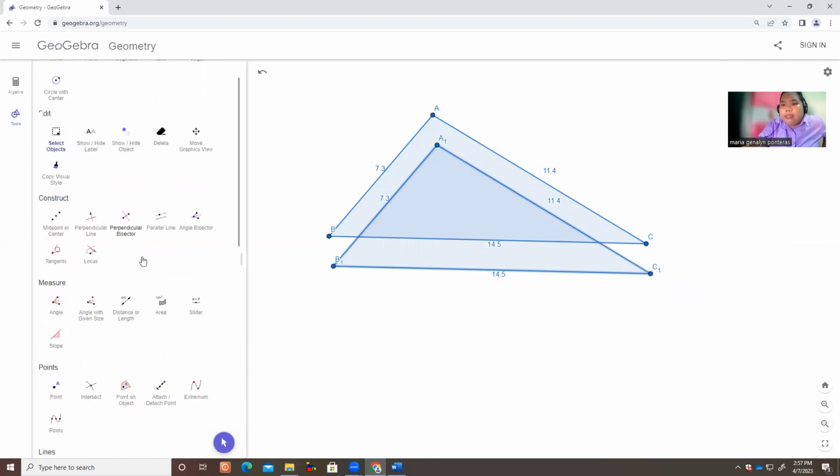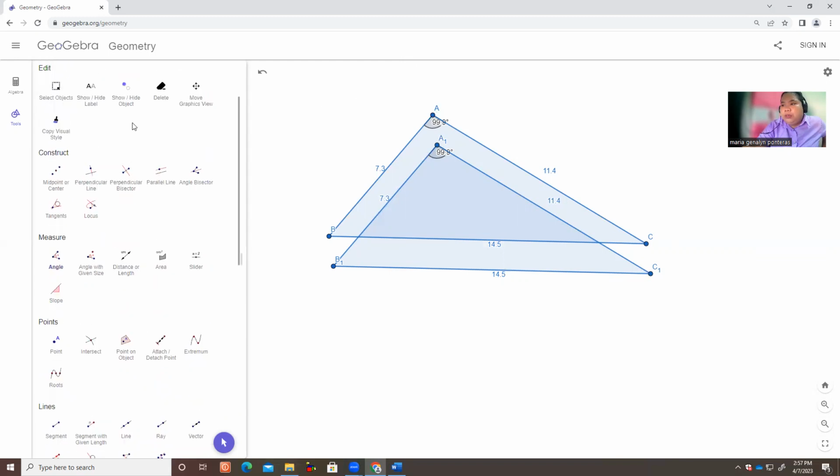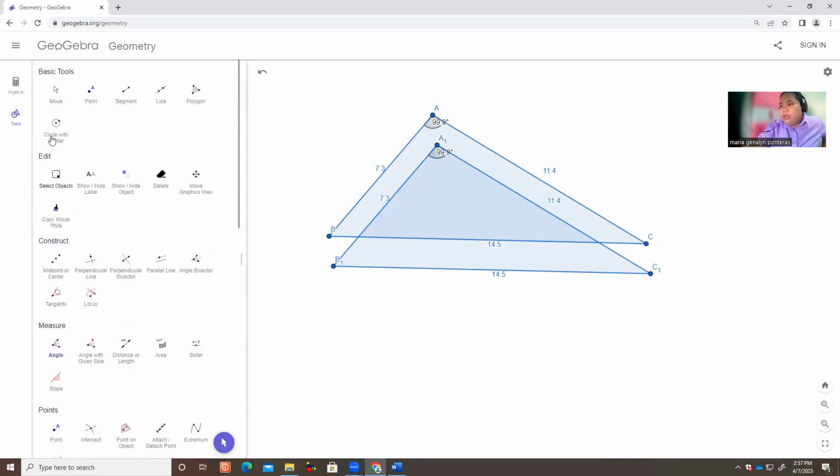Now, let us get the sides of the included angle. That's 99.9. And this one is also 99.9. Okay, by CPC, it's 99.9. Now, we want to make the second triangle smaller. So, paliliitin natin yung third side ng isa.